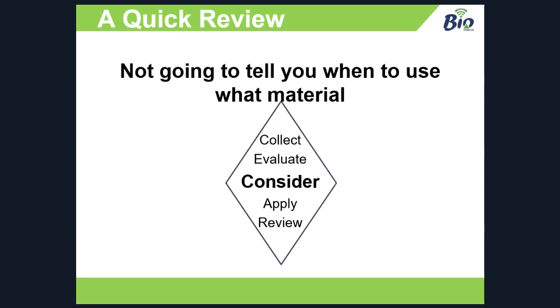We then use our judgment to evaluate it, and then we consider what the different options are. We then apply, and most importantly, we review. Have we done what we thought we've done, and is there some time to go back and collect more information or evaluate in a different way? Okay, so that's the process that I want you to think about.